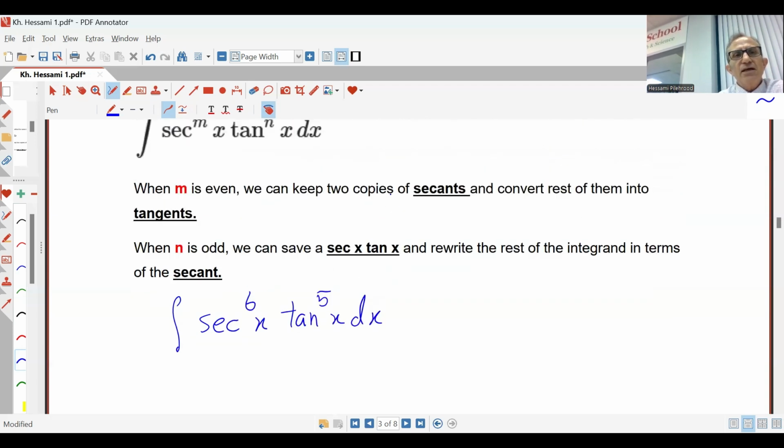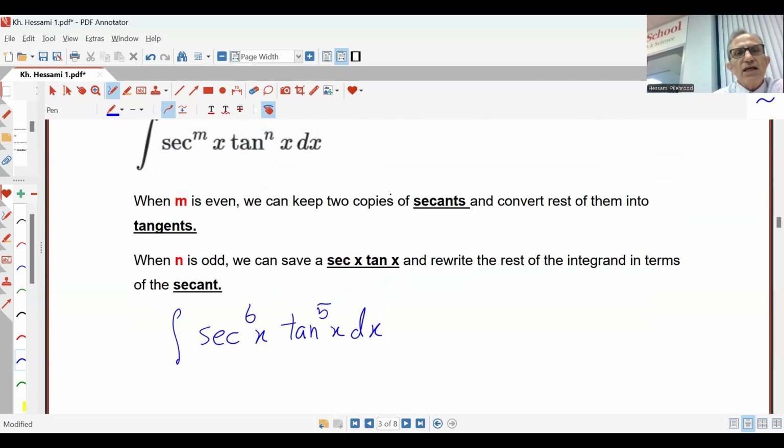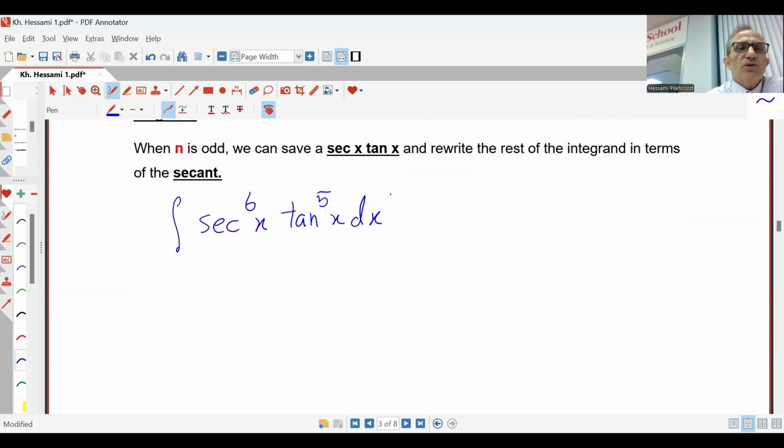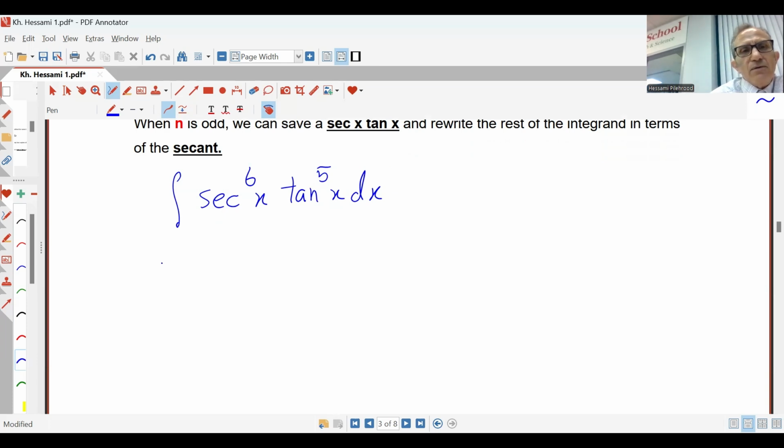Now you can see that in this case we can use both cases. We can keep two copies of secant x and convert secant to the power of 4x to tangent x, or we keep one copy of secant times tangent x and convert the rest of the tangent to secant x. So let's keep two copies of secant x.